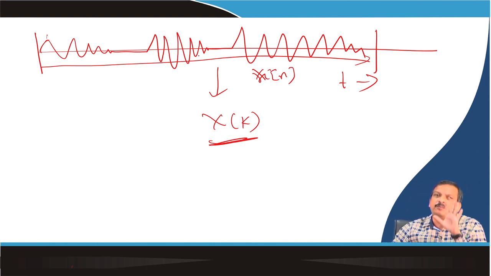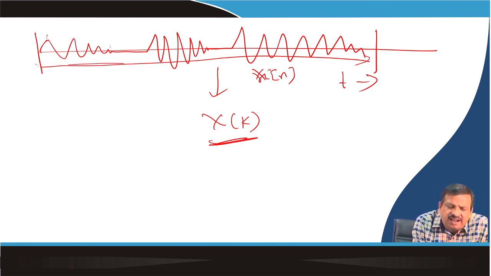You know that this is the Fourier basis. I am saying the entire time duration signal is stationary. That means a non-stationary signal is treated as a stationary signal. Stationary means the frequency composition of the signal does not change along the timeline. So, time invariant signal, but the actual signal is time variant.